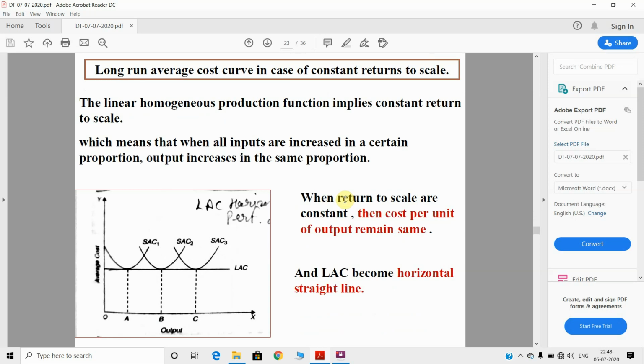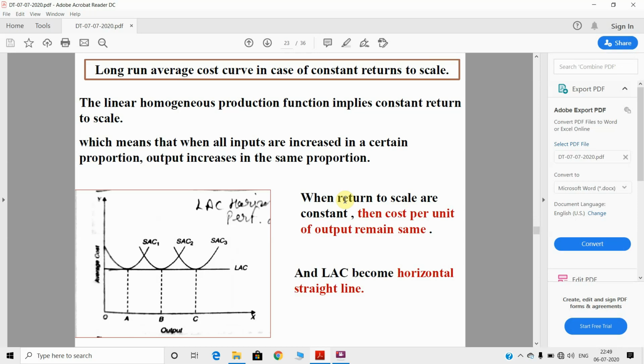Next, come to the long run average cost curve. In case of the constant cost case, the linear homogeneous production function implies constant returns to scale, and there are constant returns to scale, increasing returns to scale and decreasing returns to scale.